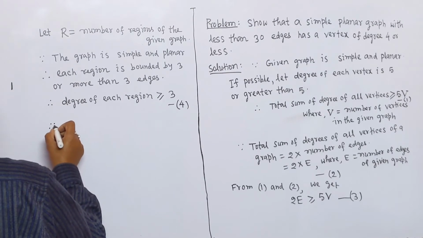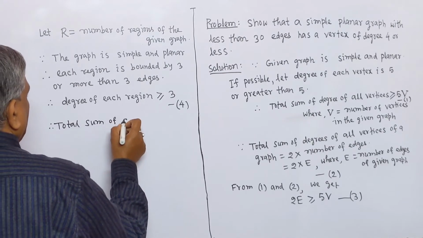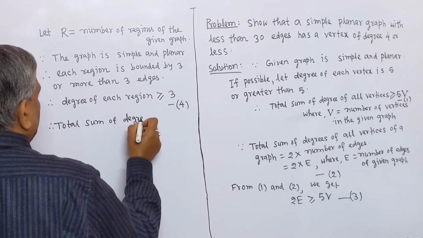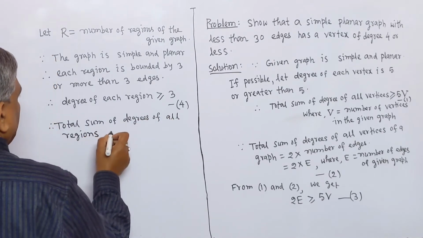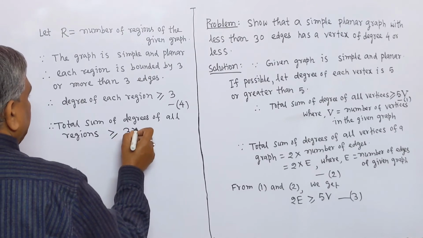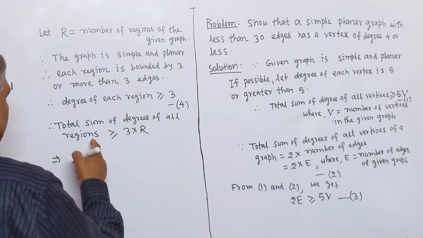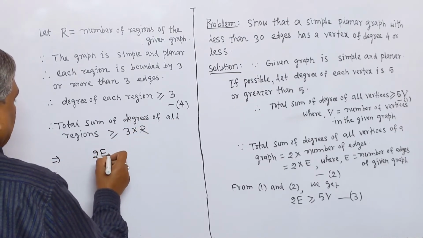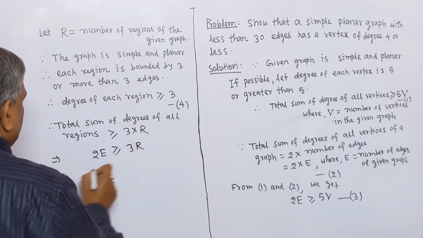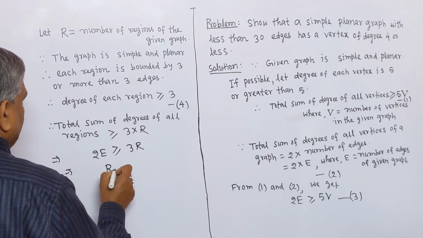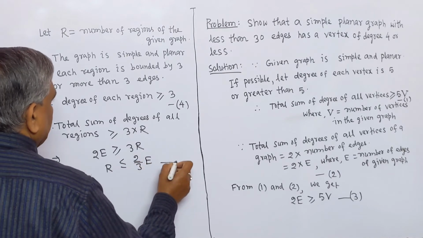Therefore, the total sum of degrees of all regions is greater than or equal to 3 multiplied by the number of regions R. Since the total sum of degrees of all regions is 2E, 2E is greater than or equal to 3R, which implies that R is less than or equal to 2/3 E. This is number 5.